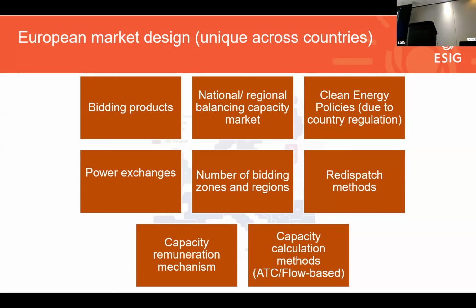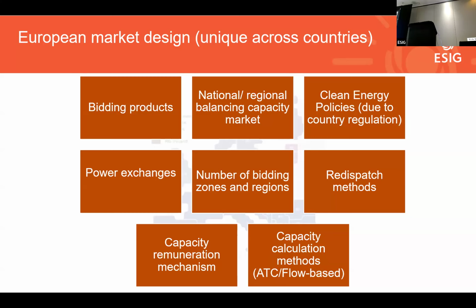There might be congestion internally within one zone, and if that happens too often, you can separate your country into multiple bidding zones to better reflect those internal congestions. Of course, that's really a political question because it would mean different market prices within a country, and some countries are not happy to have that.